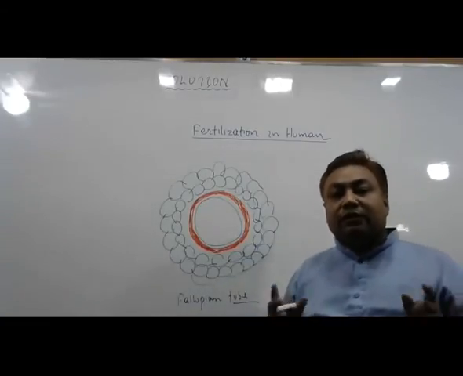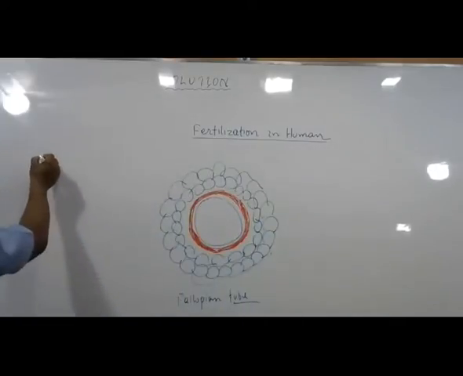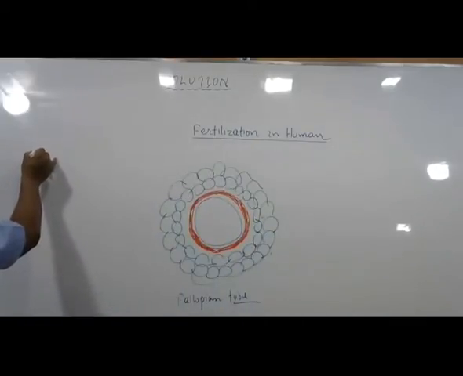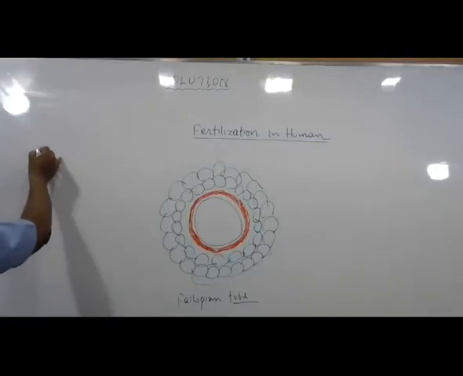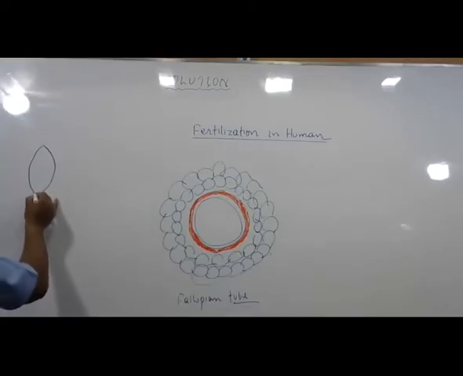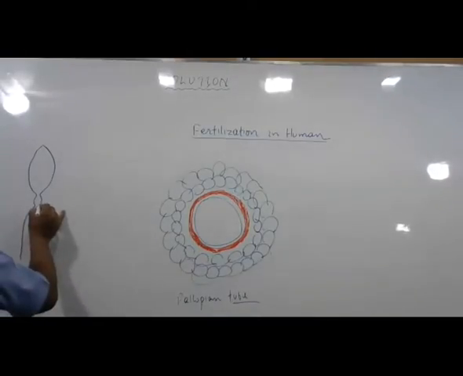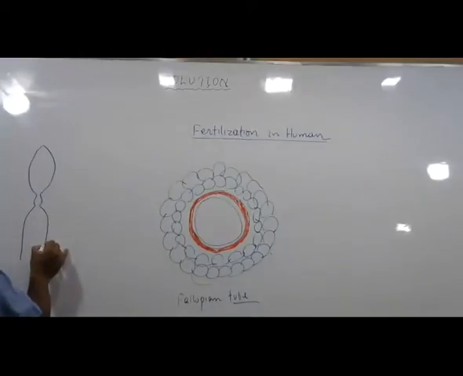And how does the sperm look like? The sperm has a head and then there is a small neck, which leads into a middle piece.